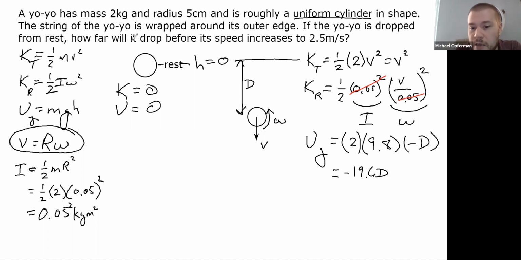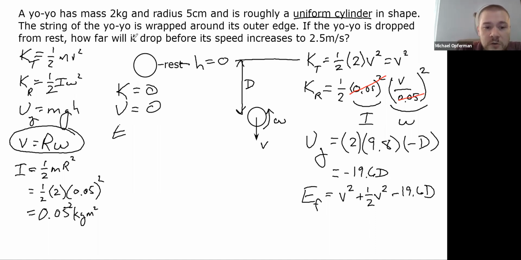So finally, if I add all of these together, the energy in the final state ends up being v squared for the translational kinetic, 1/2 v squared for the rotational kinetic, and minus 19.6 d for the potential. The initial energy was just 0, remember.